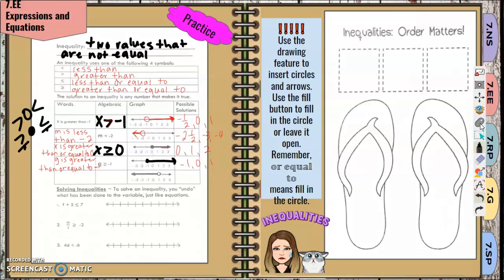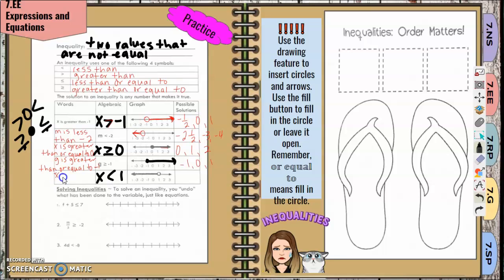And the last one starts at the 1. So my constant is 1 for my solution. I don't have a variable, so I'm just going to pick x. It's an open circle, so I know it's got to be less than or it has to be greater than. There's no or equal to here because it's an open circle. It's shaded to the left, so it's going to be less than.